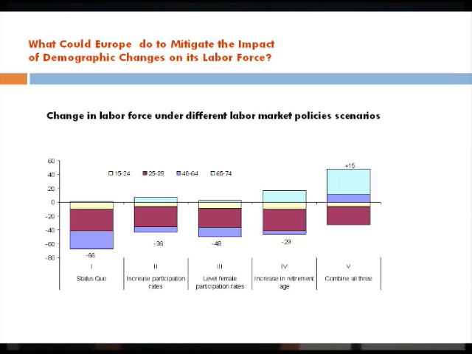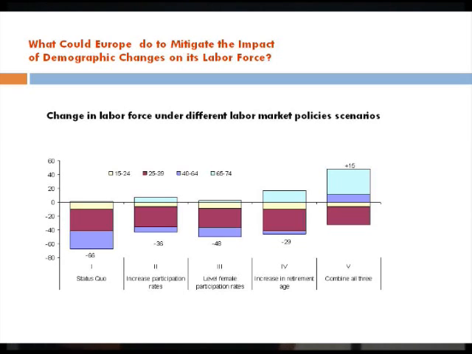Domestic labor market policies to offset the decline include an increase in overall participation rates for all European countries to bring them to the level of the US or the UK, which are higher than the rest. There could be an increase in female participation rates to the male level, or an increase in retirement age to the age of 74.